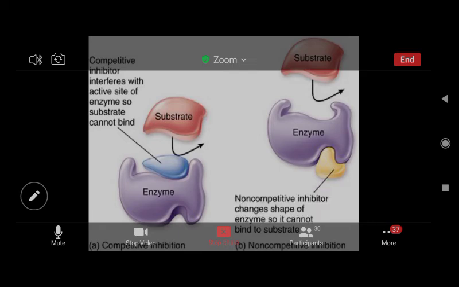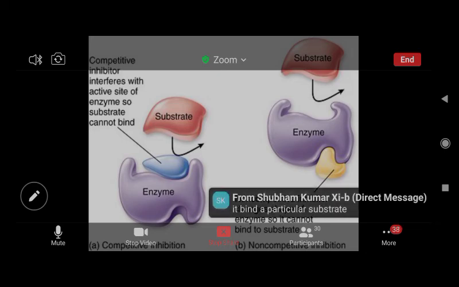If I use the same sentence in another way, that enzyme activity is sensitive to chemicals or the substrate, these are two different versions of the same statement.